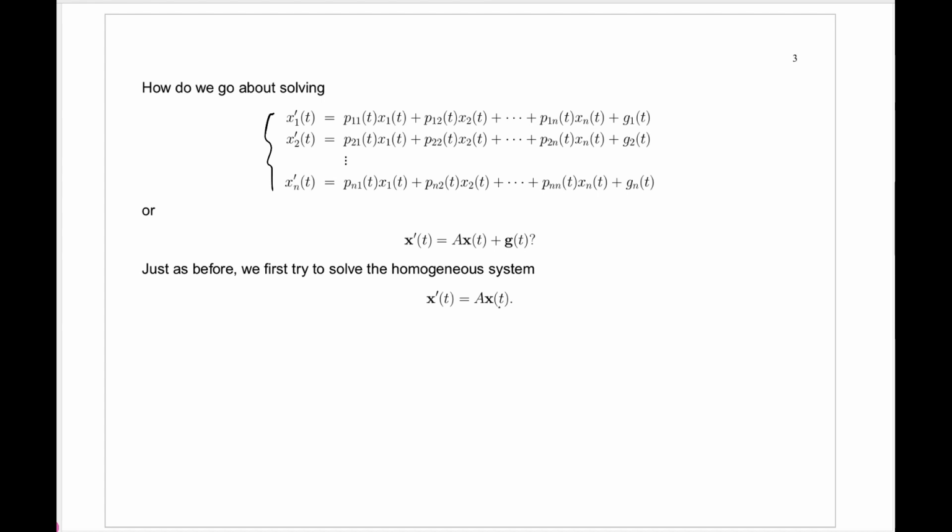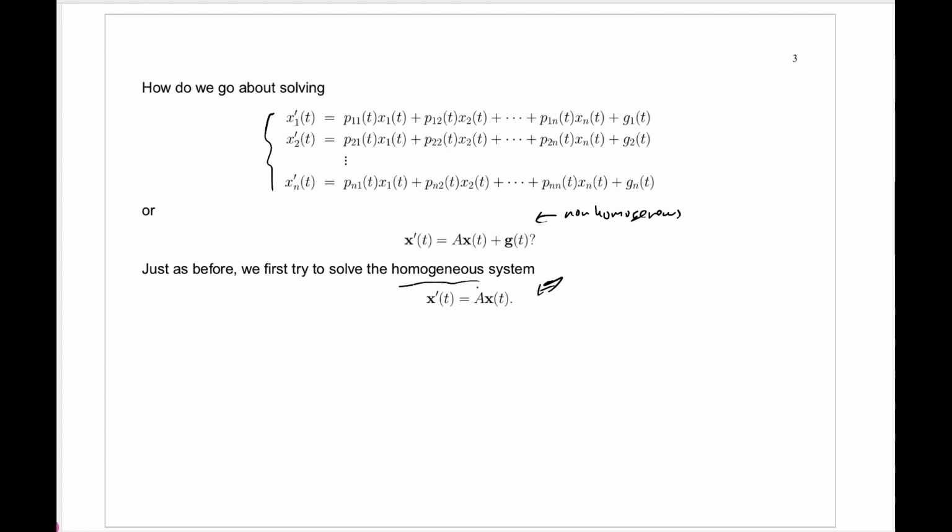If we can solve the homogeneous system, and we can find even one particular solution to the non-homogeneous, and this is our homogeneous system, then the general solution to the non-homogeneous will just be exactly as we saw before: one particular solution to the non-homogeneous system plus the general solution to the homogeneous system.